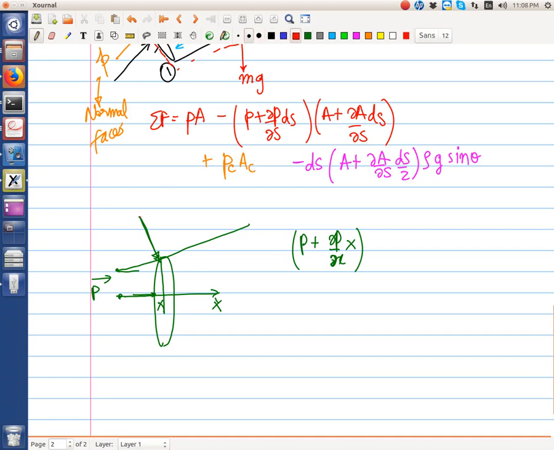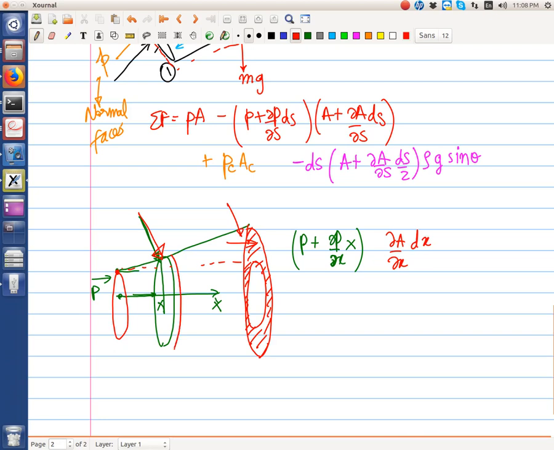Whatever this pressure is acting on is the difference of the area. Here, for example, there is no difference, but here if we project this area, we get this, and the oblique component of pressure is acting on this difference of area. So the difference in area will be del A del X times dx.